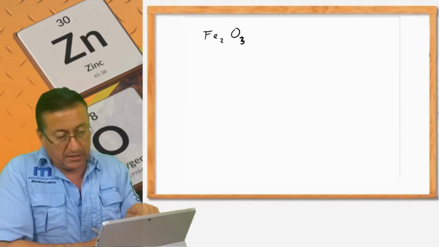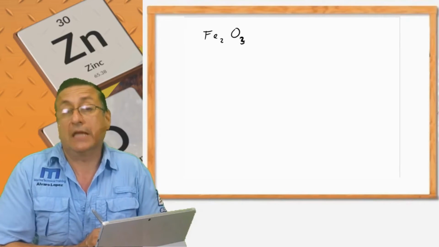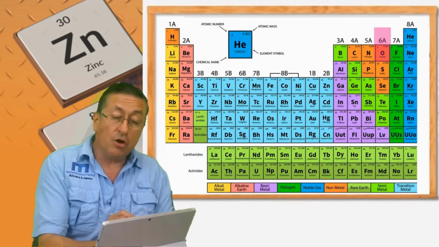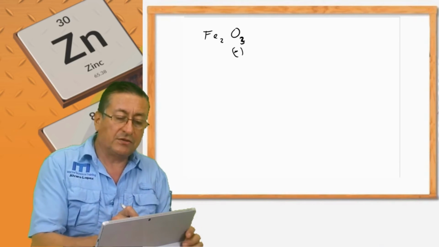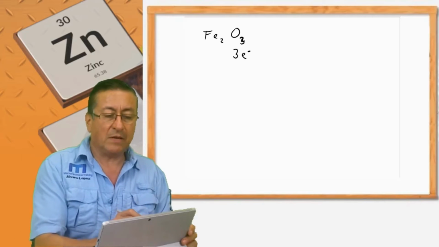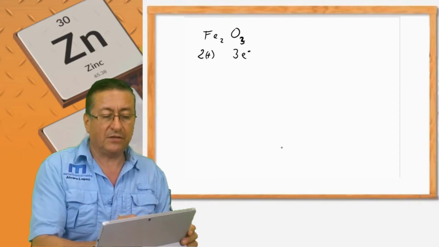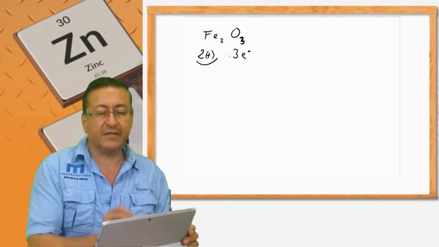What is the element in that molecule that absorbs electrons? The oxygen, because oxygen has more energy. It's in that corner. Oxygen is the negative ion, 3 negatives. And iron is 2 positives. Iron is the positive ion, and oxygen is the negative ion.